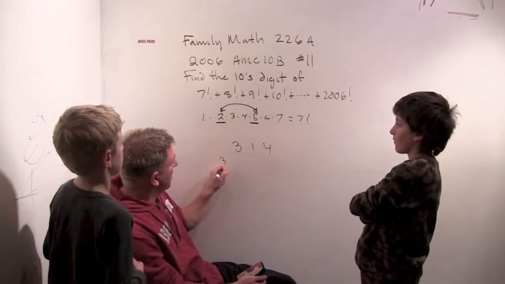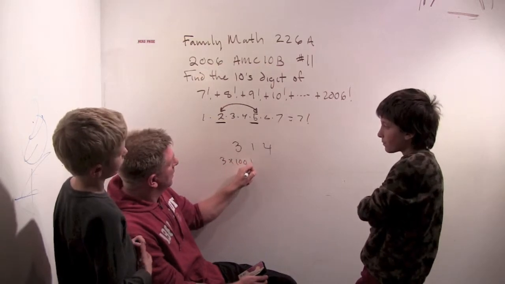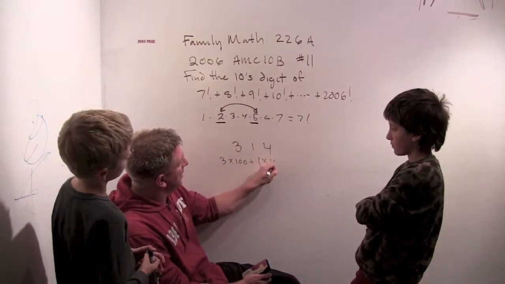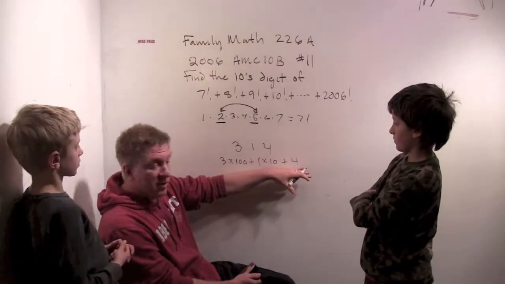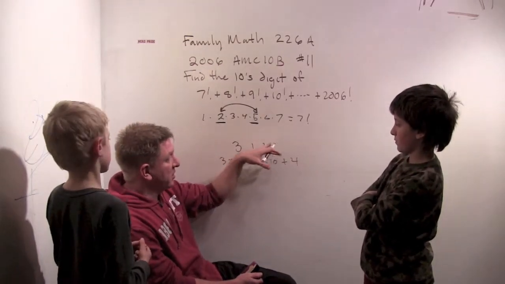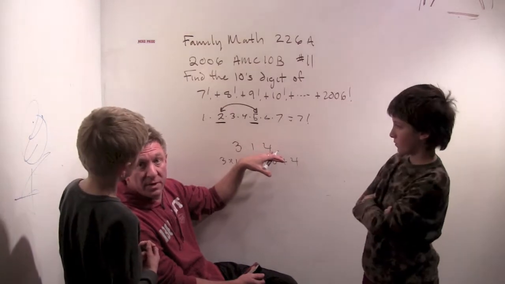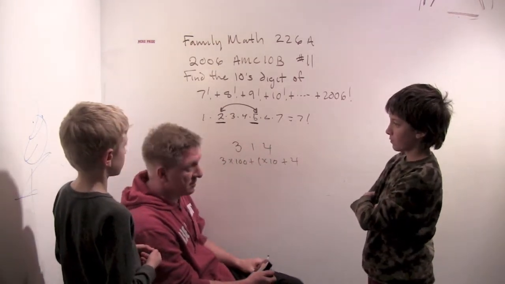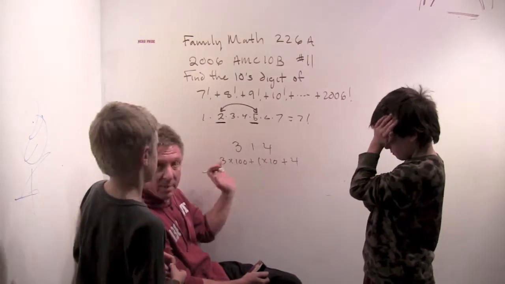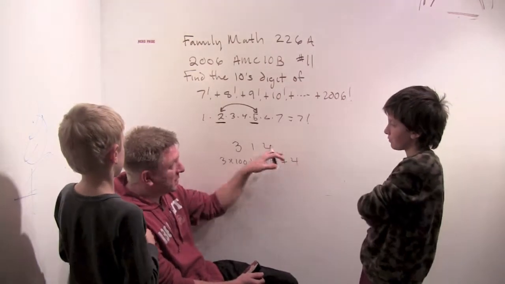This is 3 times 100 plus 1 times 10 plus 4. If I multiply it by other integers, I only have to look at the last digit.